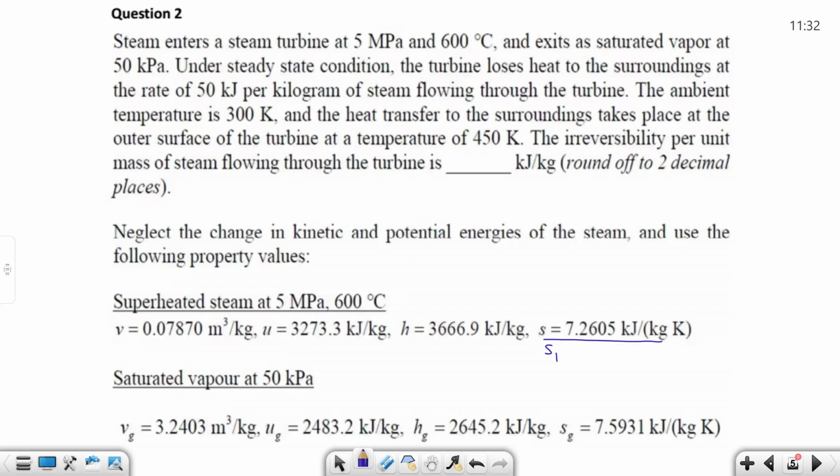Then saturated vapor at outlet, the mass is going out as a saturated vapor. So corresponding this will be 7.5931 kilojoule per kilogram Kelvin.